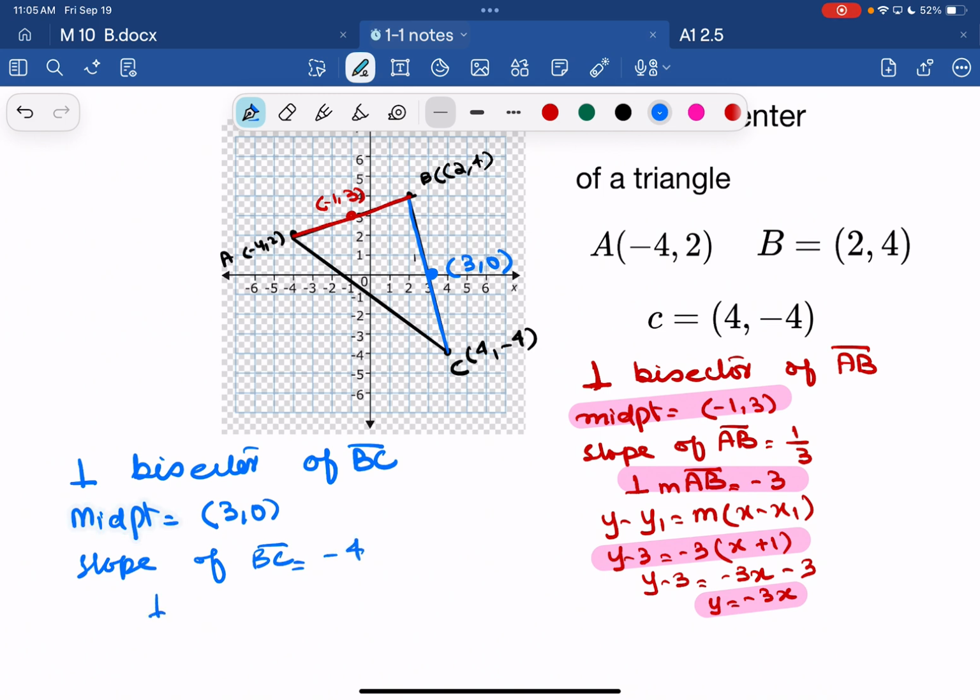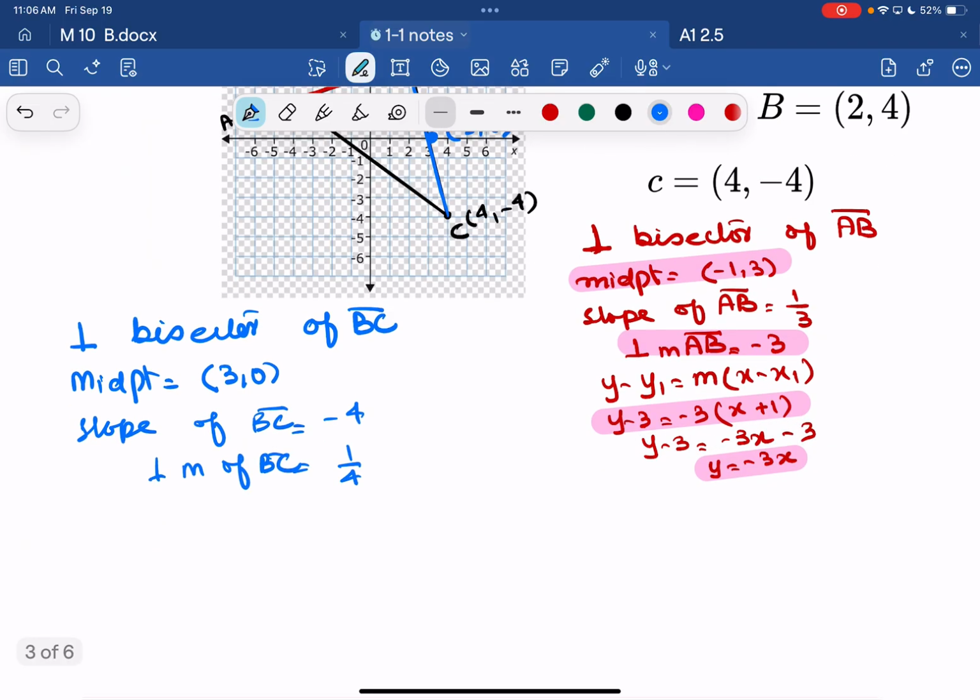And then the perpendicular slope of BC would be 1/4. When we have these two quantities, we are going to substitute them into y minus y1 is equal to m times x minus x1. Who is going to help me substitute in the values? Same hands going up. Someone else, try.